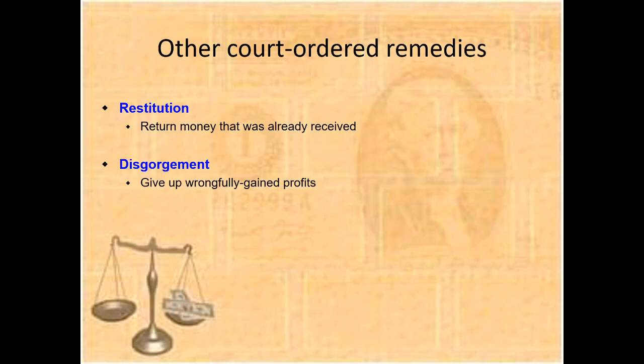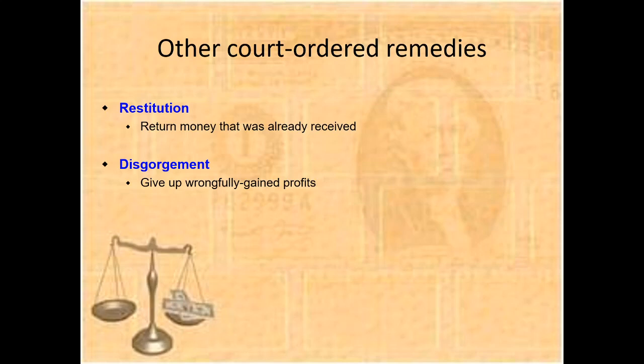That's about all of this analysis. Now the other, second case is court ordered remedies, where the court can actually give things. Restitution and disgorgement are the two court ordered remedies. Restitution is return of money that was already received. This is what is called restitution.